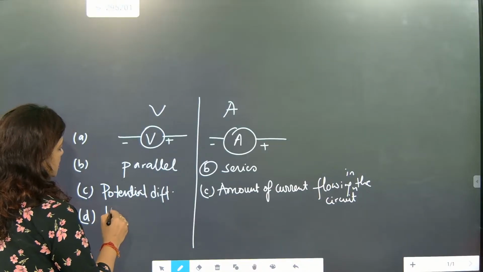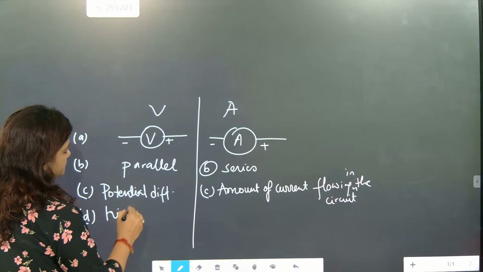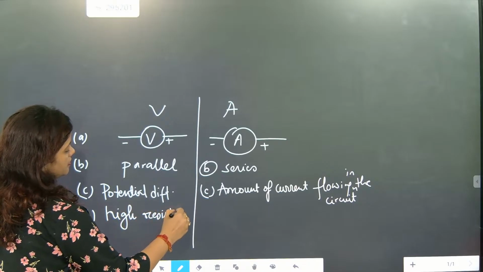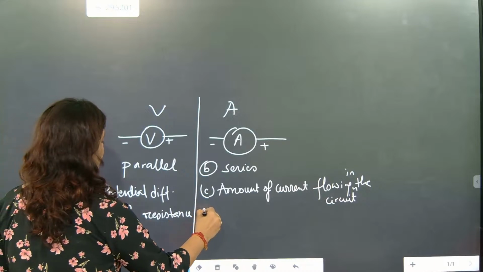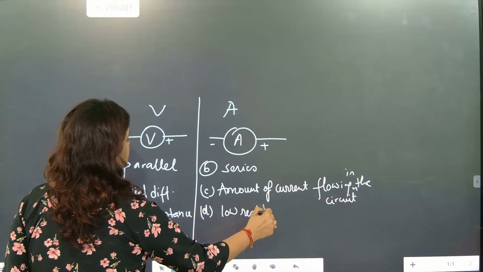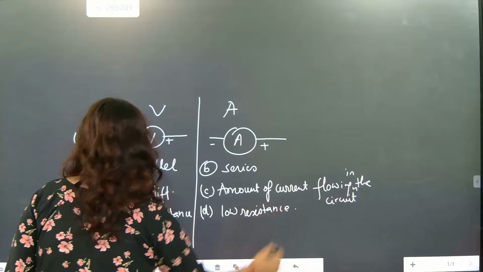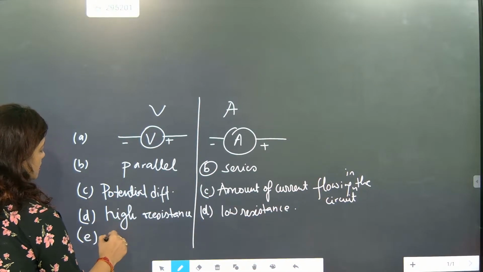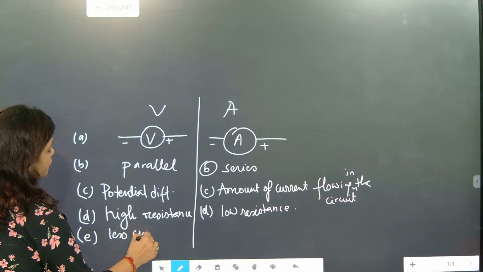It has high resistance. It has low resistance. Understood? Less current flows.